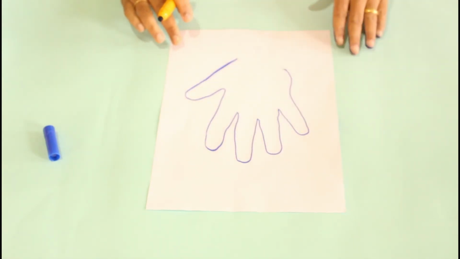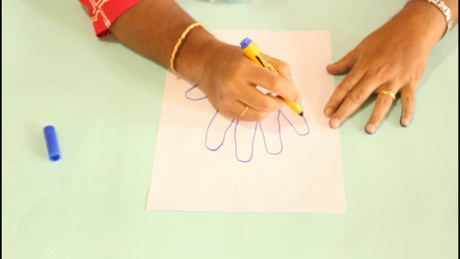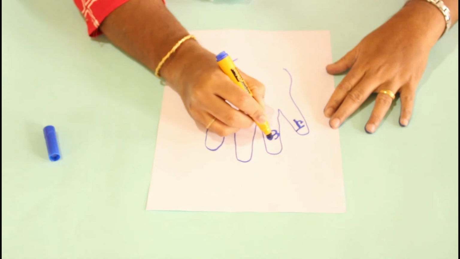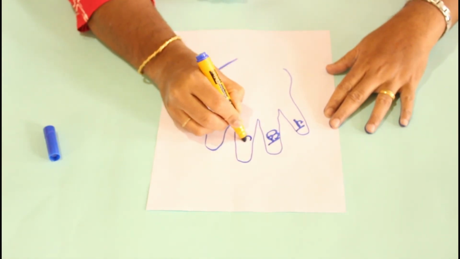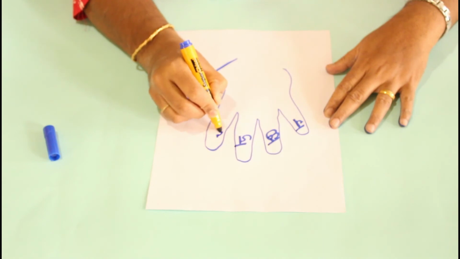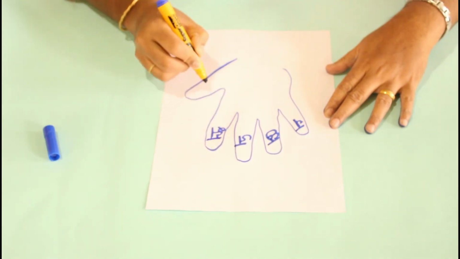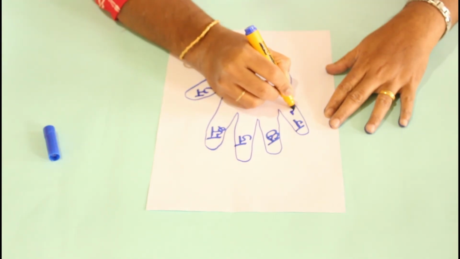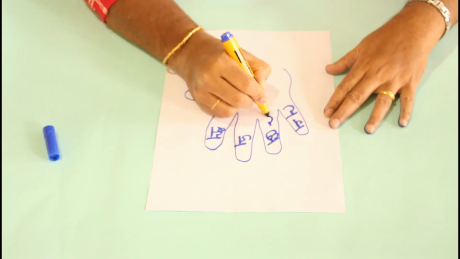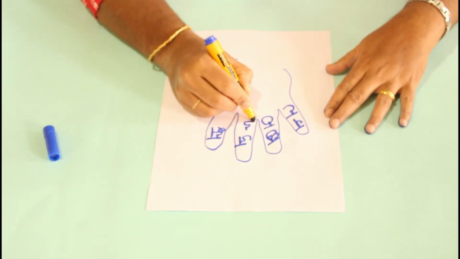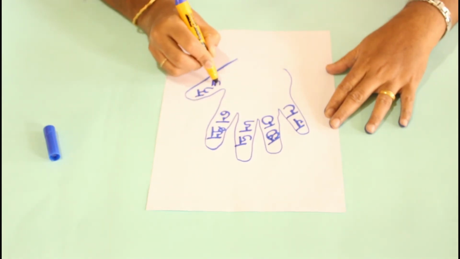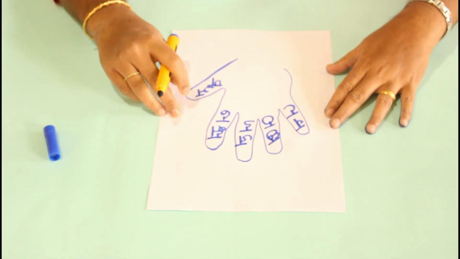Then take off your hands and write cha, cha, ja, jha, nya, and then ta, tha, da, dha, na. This activity you have to do in your drawing book.